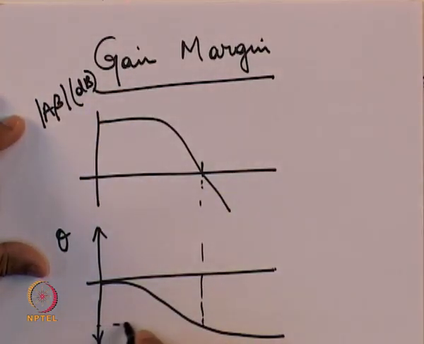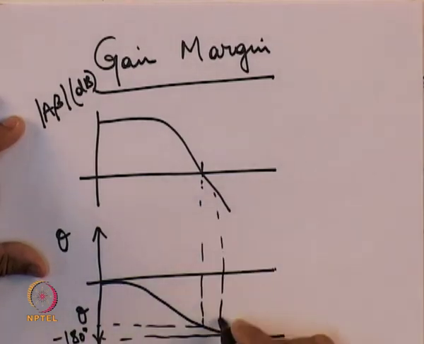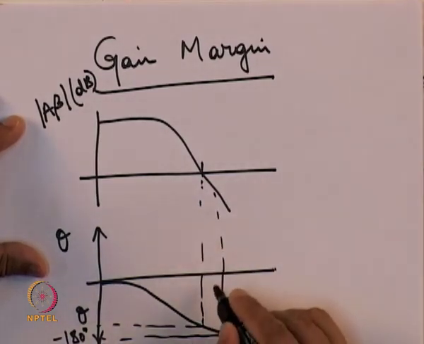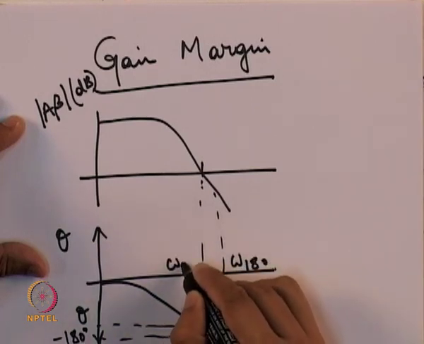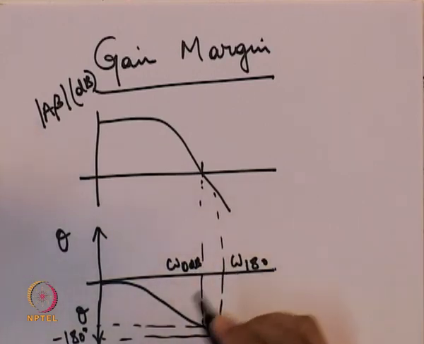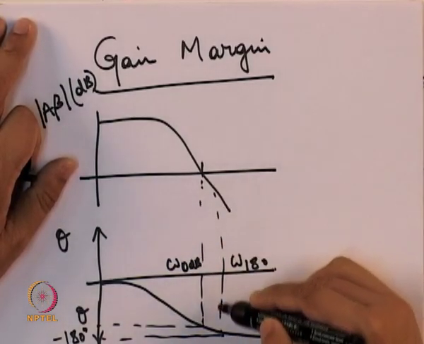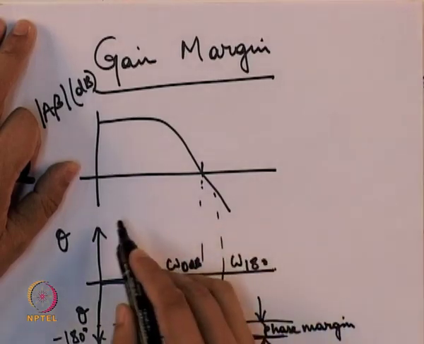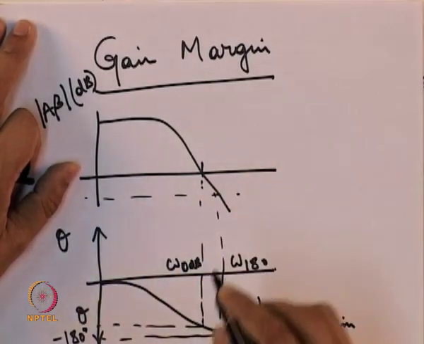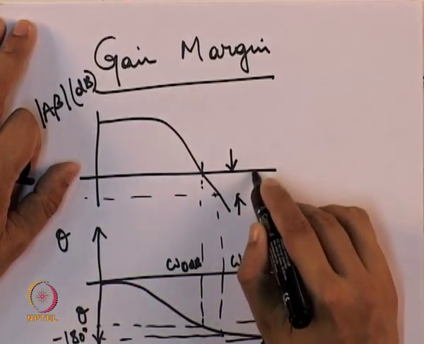So this is, say, corresponding to theta, and this is minus 180 degree corresponds to the frequency. So this is my omega 180 and this is omega 0 dB. Okay. So here what we see is that this is my phase margin, and this is my gain margin.